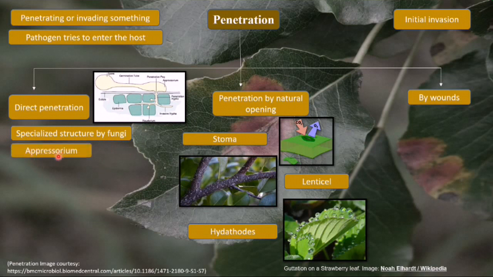So one such structure is appressorium. So first of all, let us know that this is a spore of a fungi. The spore, it lands over the epidermis of the plant. This is the plant epidermis, that is this is the leaf, and the structure of the leaf, that is the epidermis, the upper part, right?